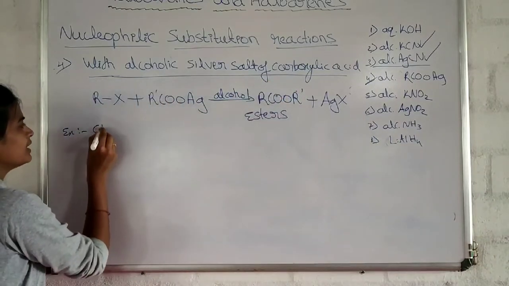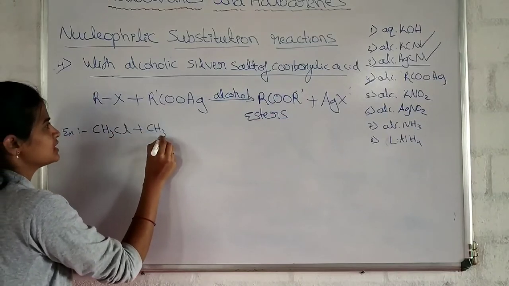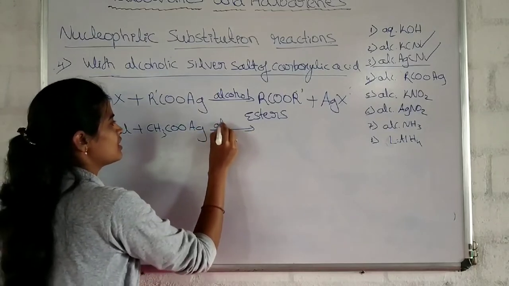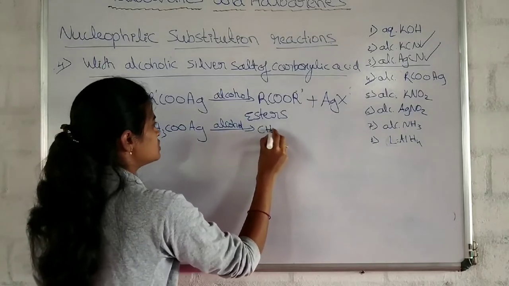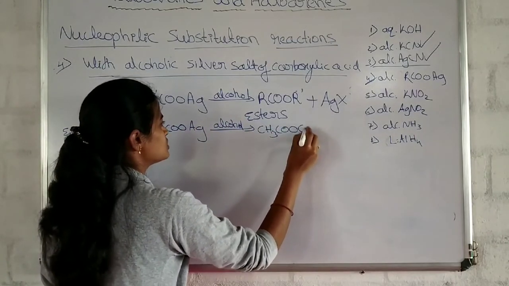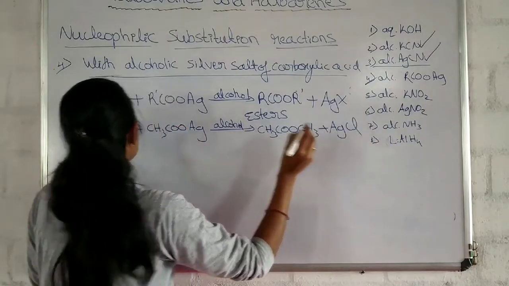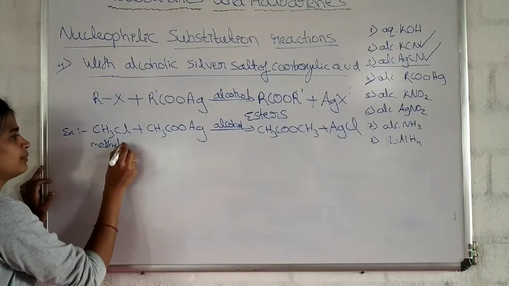See here example: CH3Cl plus CH3COOAg in the presence of alcohol gives CH3COOCH3 plus AgCl. Name of this one is methyl chloride.